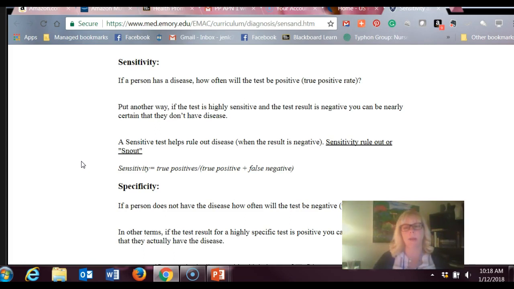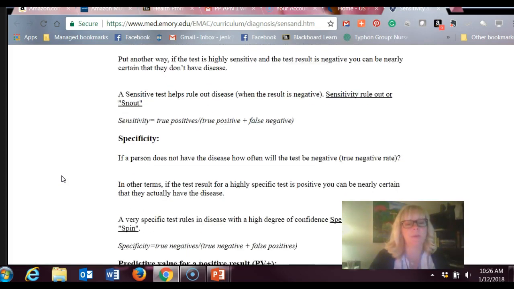If it's negative, you can be nearly certain they don't have the disease. So that's sensitivity. It helps rule out disease. And how they come up with the sensitivity is: true positives divided by the true positives plus the false negatives, which gives you the sensitivity. All right, so that's sensitivity.